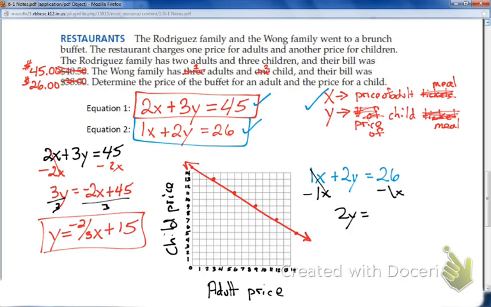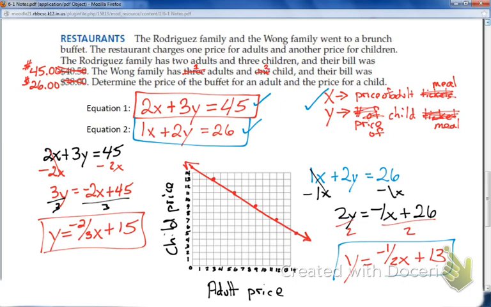So 2y equals negative 1x plus 26. Divide both sides by 2, so y equals negative 1/2 x plus 13. And again, I don't know why I wrote that in red. That is going to be my blue equation, so we'll box it in blue here.